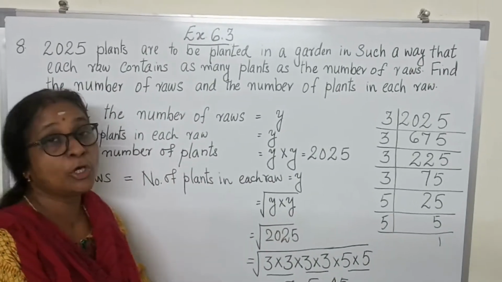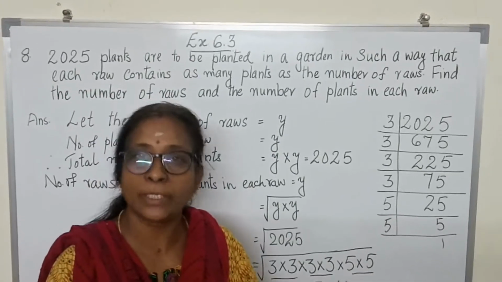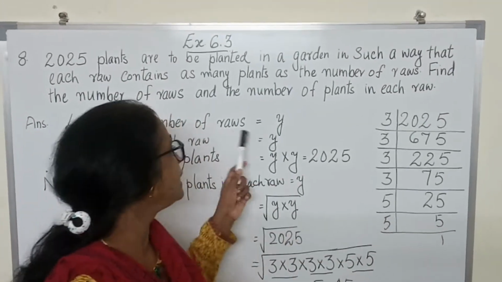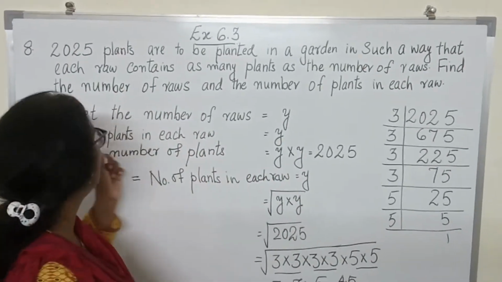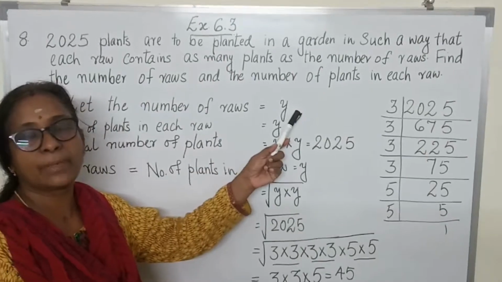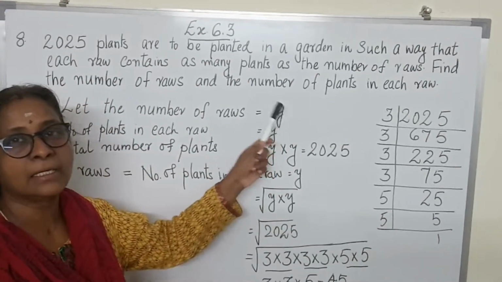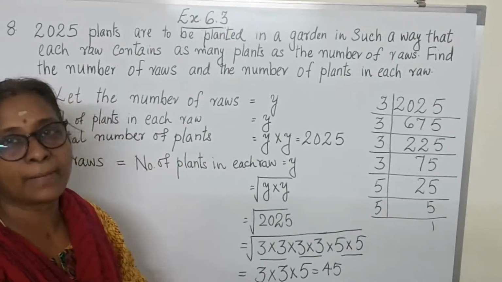Now we don't know how many plants are there in one row, or how many rows there are. Whenever we don't know something, we take it as x or y, any variable you can take. So I have taken here, let the number of rows be equal to y. If y rows are there, then in each row y plants will be there.